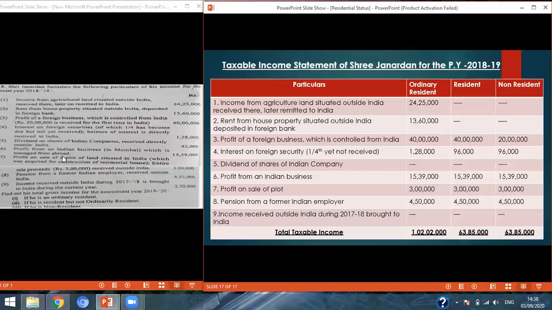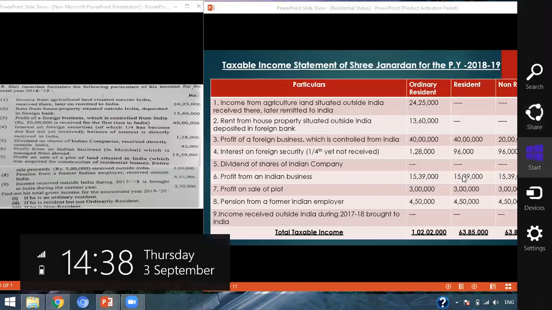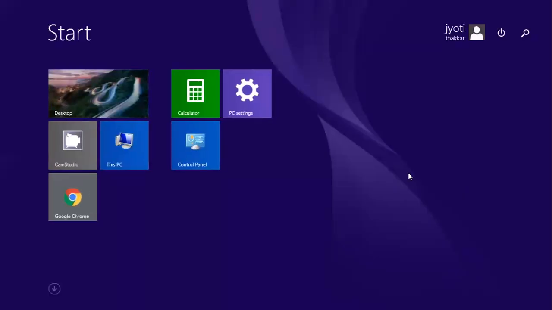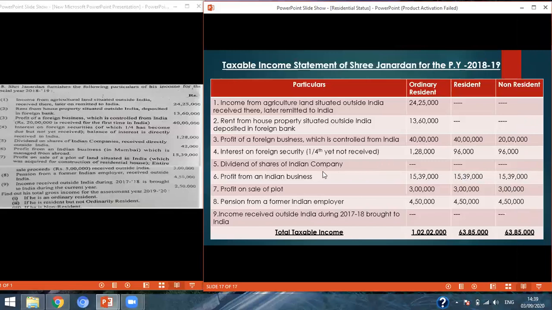In Mumbai. Whether it is controlled from Mumbai or not doesn't matter. We are earning in India, and whatever we earn in India is taxable for all. So 15,39,000 is taxable for all three. So this profit from Indian business is taxable for all.